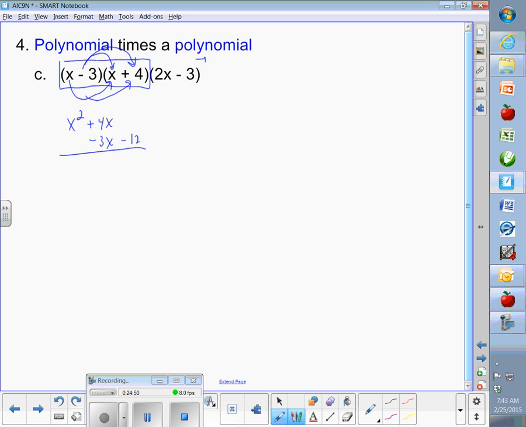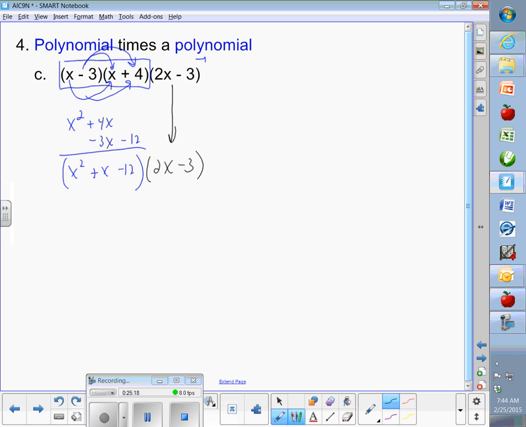What does this become? X squared plus x minus 12. Now watch. Parentheses. The box up above has become x squared plus x minus 12. That's the first thing times the second thing. Don't I have to multiply that times now the third thing?